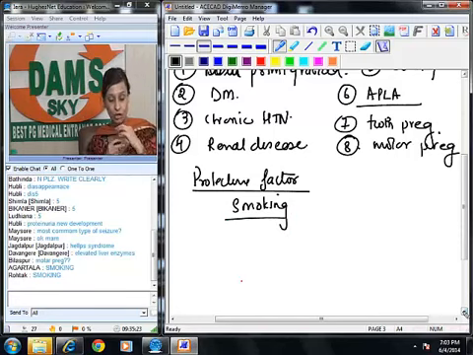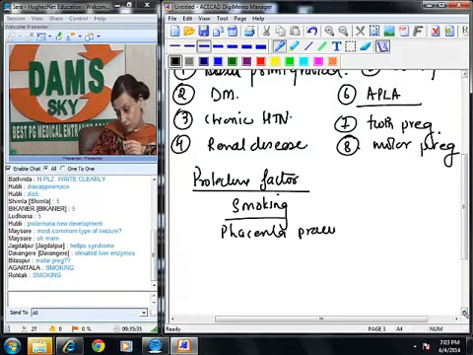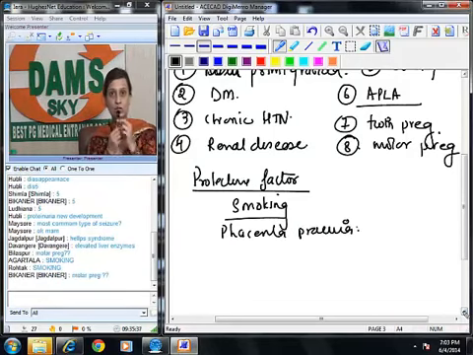The exact mechanisms are not yet known, but it is seen that smoking is a protective factor for preeclampsia, right? Also, placenta previa is seen to be a risk factor for preeclampsia.